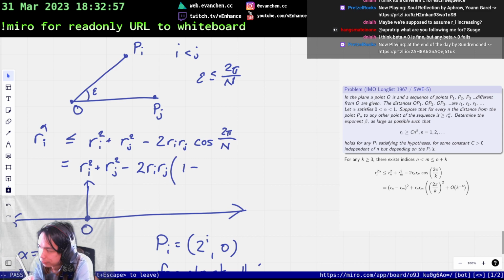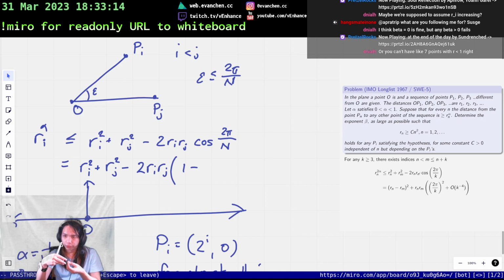Beta equals 0 is true. So in order for there to not exist a constant C, that means I have a sequence that approaches 0. Yeah, a sequence that approaches 0.